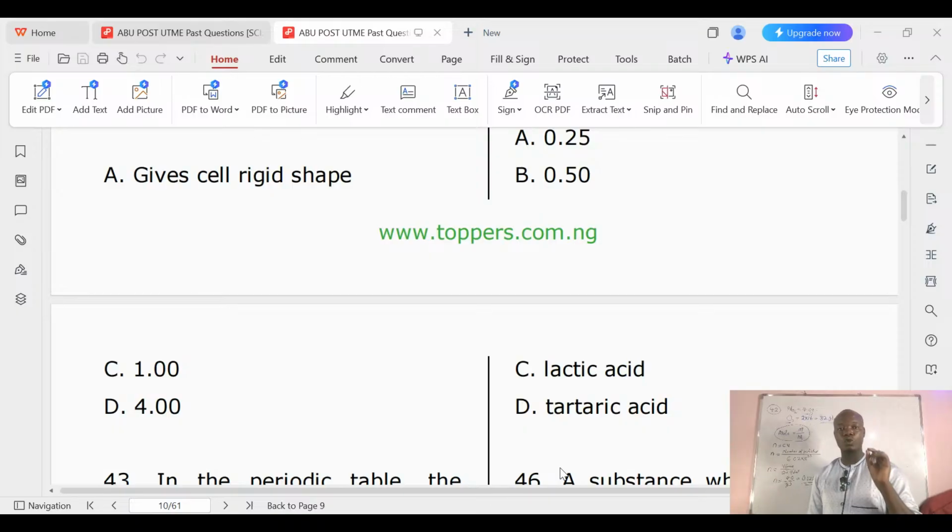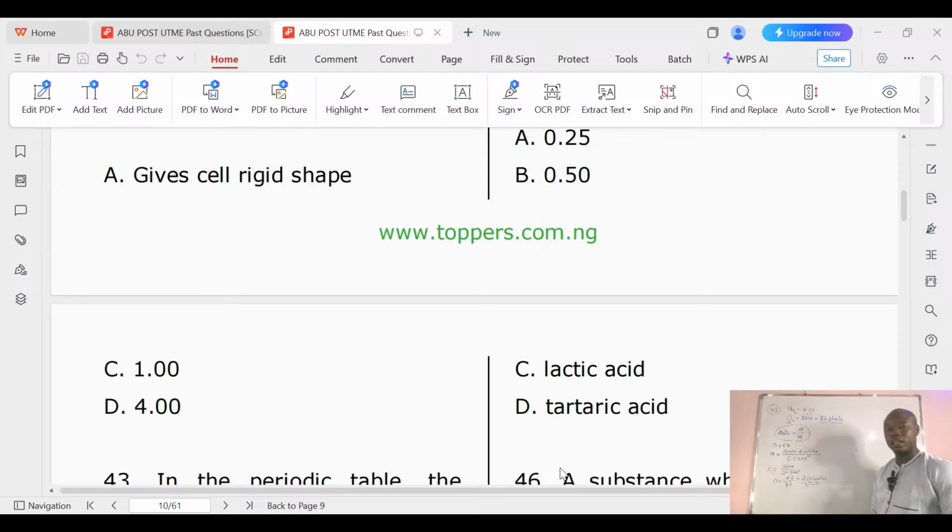As you can see from the options, option A is 0.25, option B is 0.5, option C is 1.0, and option D is 4.0. So we can see clearly there is no such answer, but this is how to solve it.